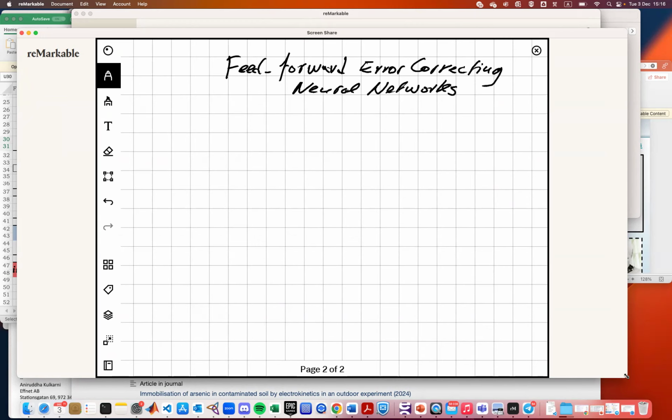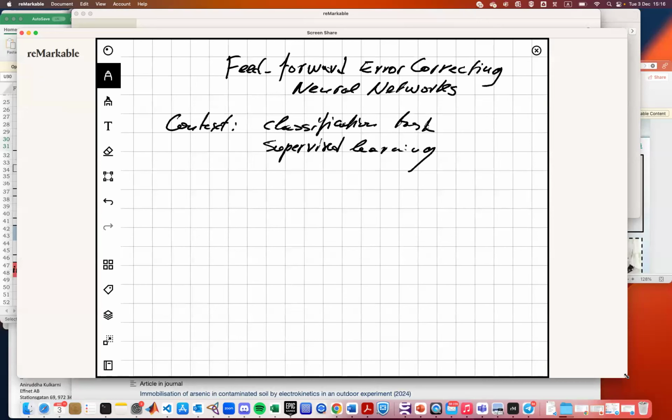We talk about these networks in the context of solving a classification task, using a supervised learning approach. And here we learn representation.